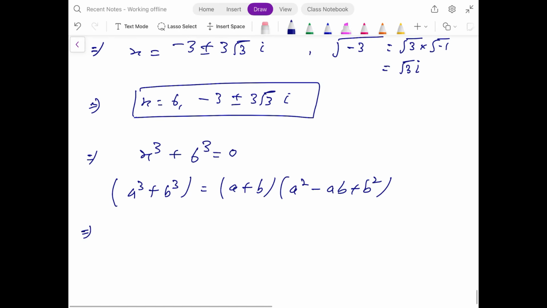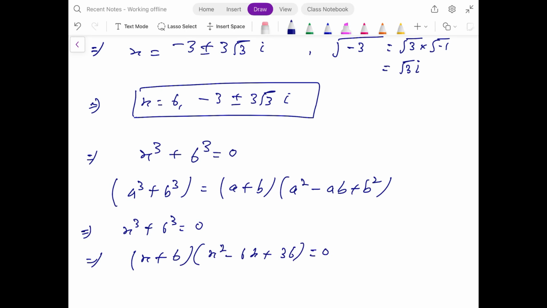So if we place x in place of a and 6 in place of b, the equation x^3 plus 6^3 equal to 0 implies that (x plus 6) times (x^2 minus 6x plus 36) equal to 0.